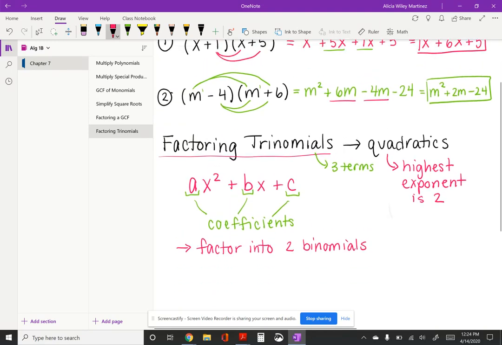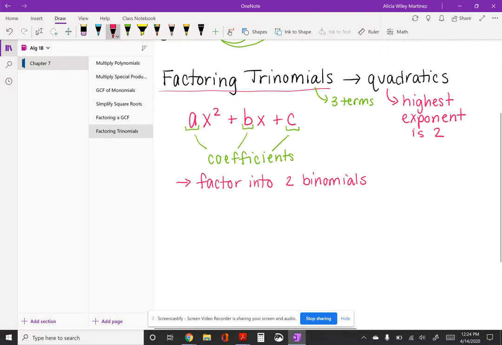Okay? So let's imagine that they ask you to factor a trinomial expression of x squared plus 5x plus 6. This is actually a little bit of an easier example, and I'll explain why that is as we go along.